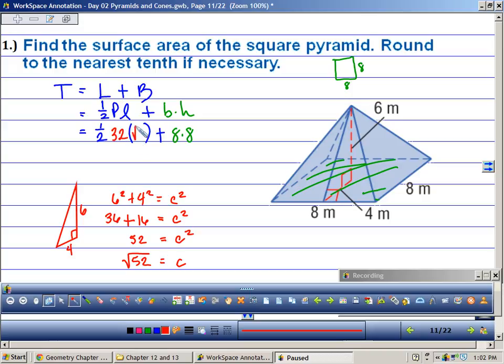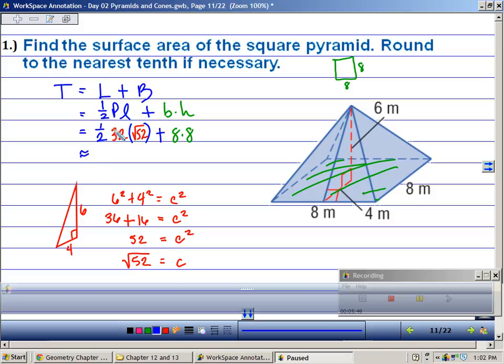So I'll just put square root of 52 in here. Well, you can put it in a calculator now. And if you put all of that into a calculator, you should get 179.4 meters squared.